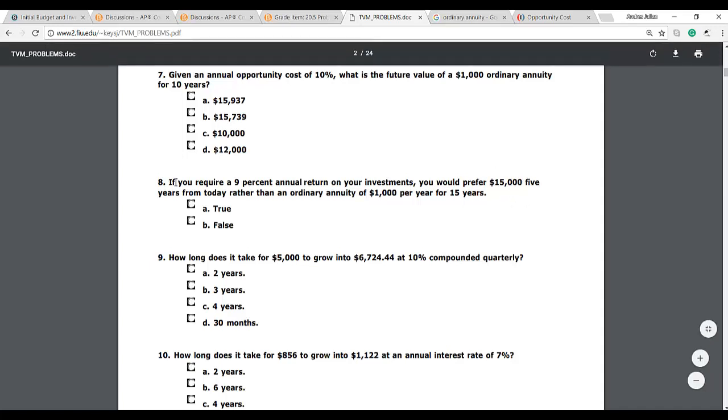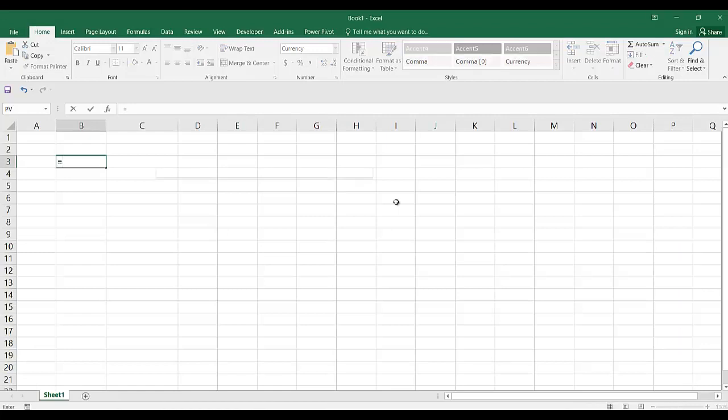This is what you're getting at the end, 5 years from today, rather than an ordinary annuity of 1,000 per year for 15 years. So in this case, we're going to find the present value and see what the earnings are.